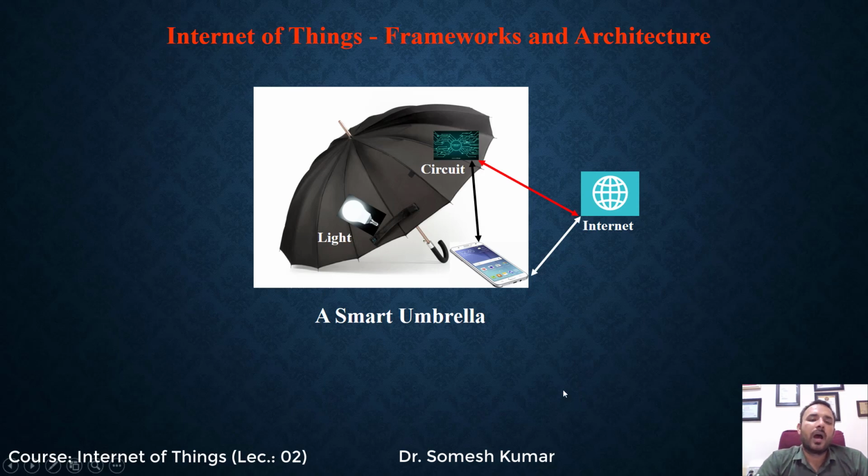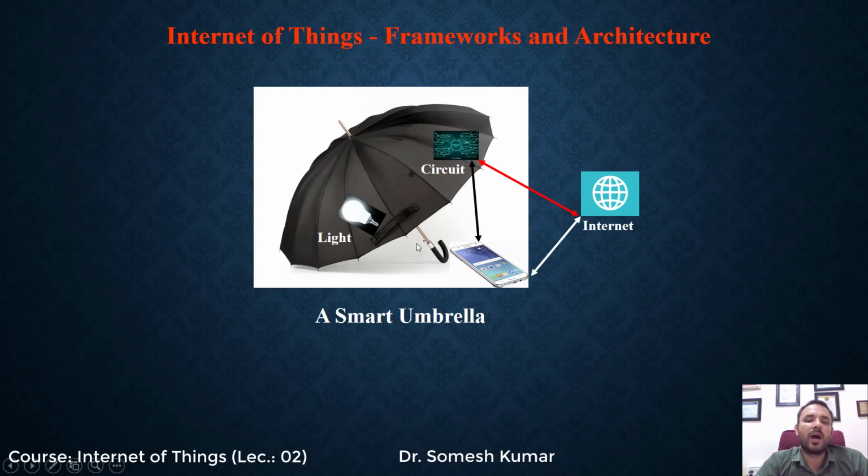Also there is one more thing, that is your light. This circuit automatically also senses the light. If there is no sunlight and you are using this umbrella, for example you are using this umbrella at night, then automatically this light can be turned on, or you can control this light with the help of this mobile phone.